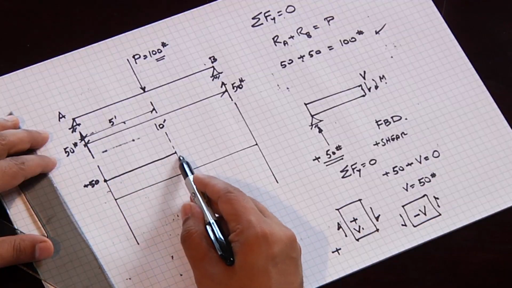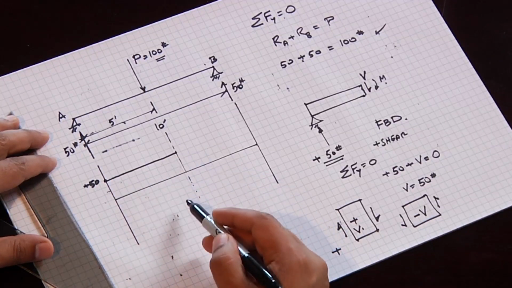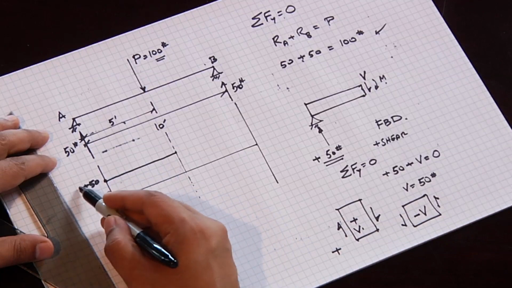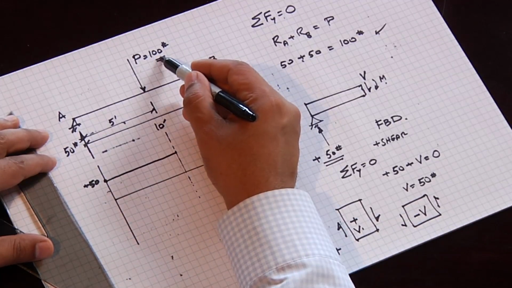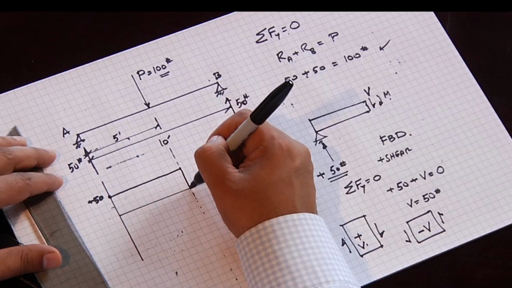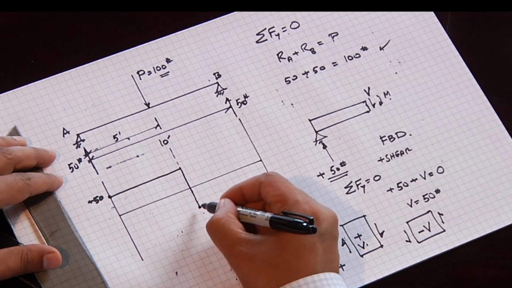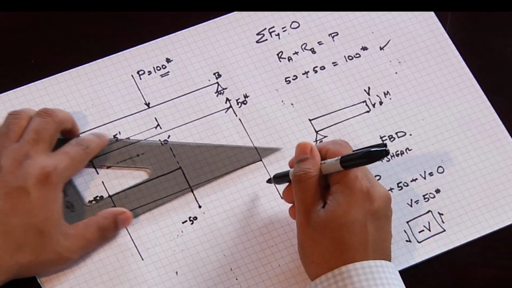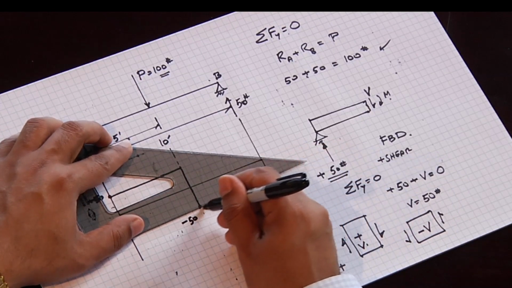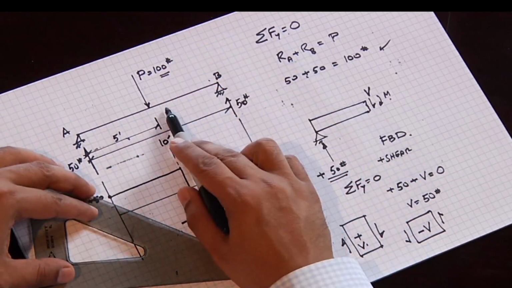What happens at the load point? When we reach the load point, our positive shear of plus 50 is displaced by the load of negative 100 pounds. So the shear diagram drops down to minus 50. Then it remains constant because there's nothing else happening on this span.